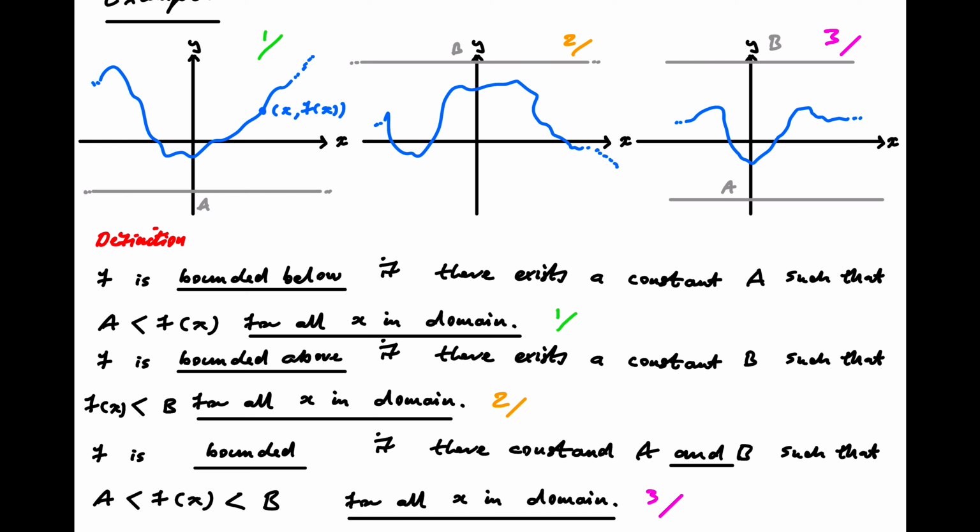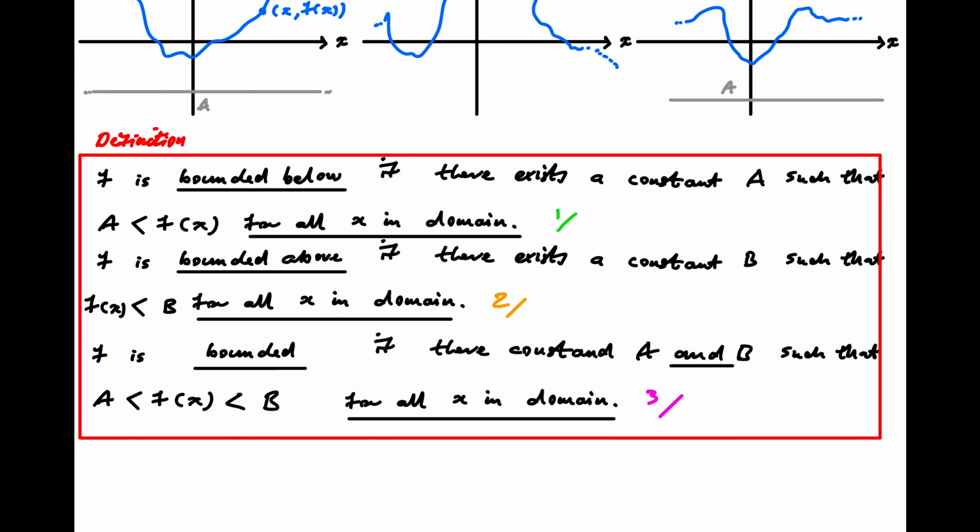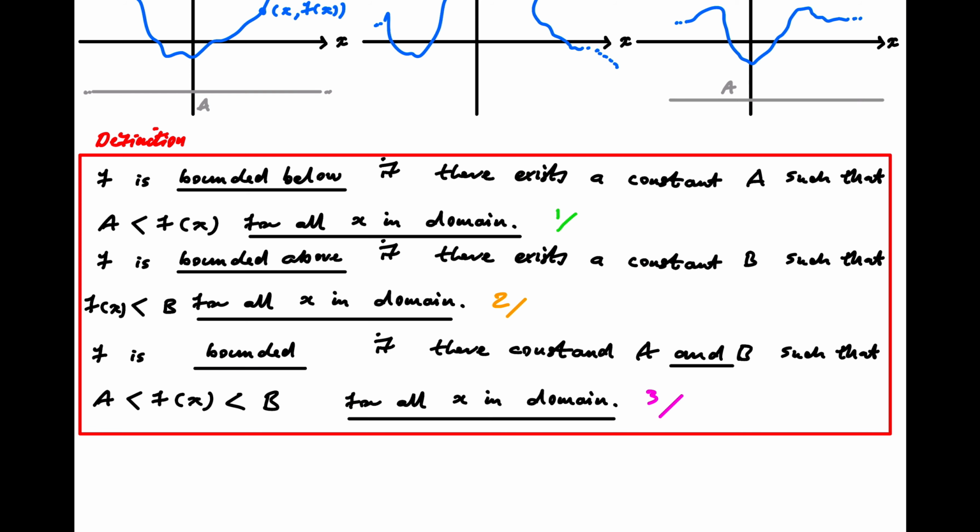So this is an important definition. This is a global definition from the way I've stated it because it is a statement about the entire domain. So let's make sure this is very highlighted.